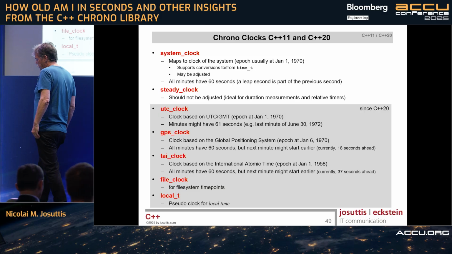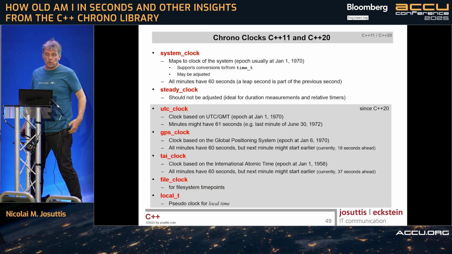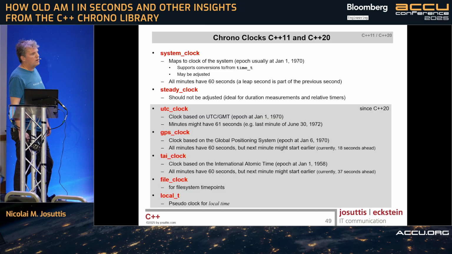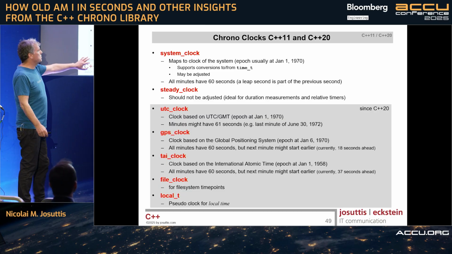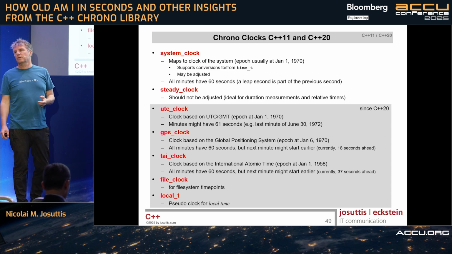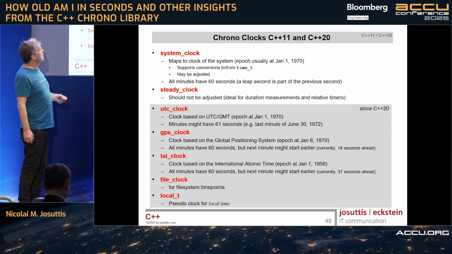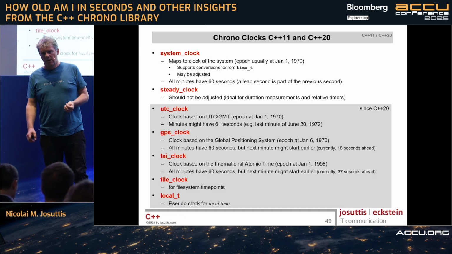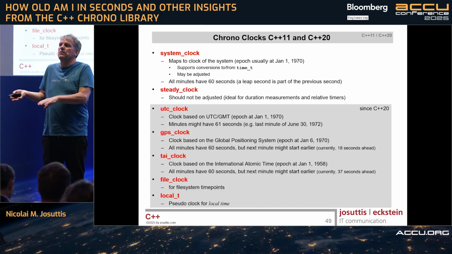But in C++20, we added new clocks: UTC clock, GPS clock, TAI clock, file clock, and local_t. Local_t is a pseudo clock so that we can deal with the local time zone. The file clock is a clock for entries of the file system, which might be different from the other clocks.